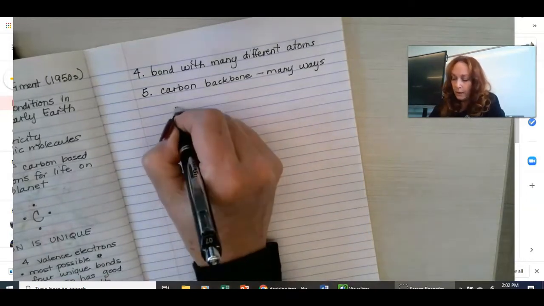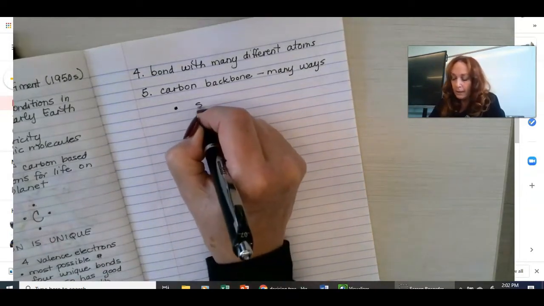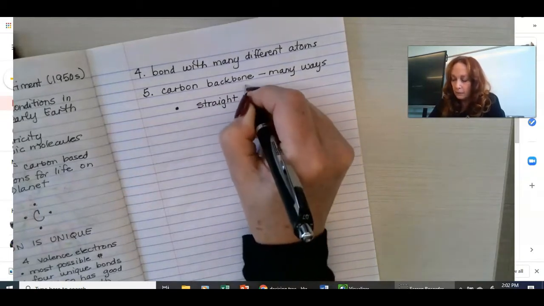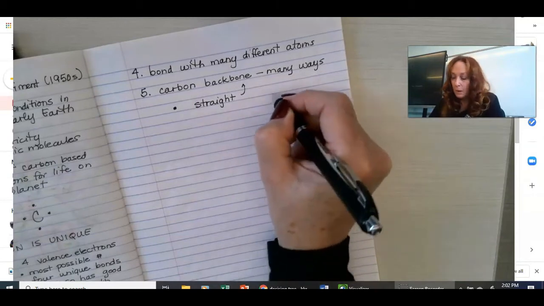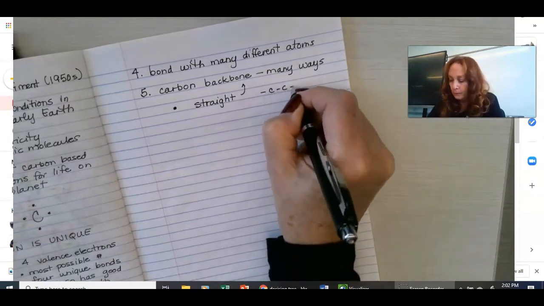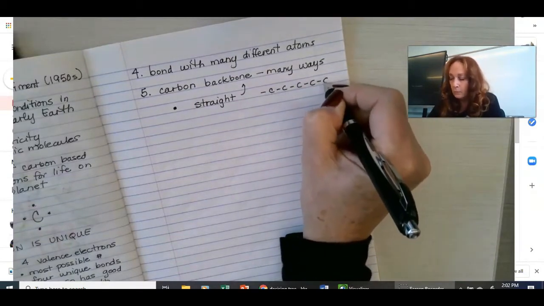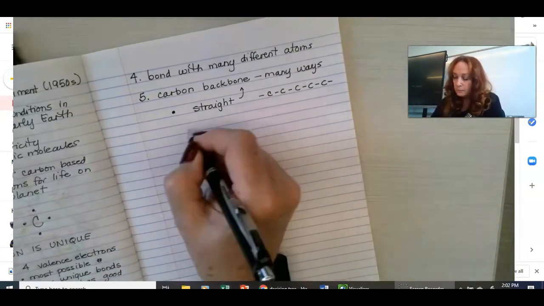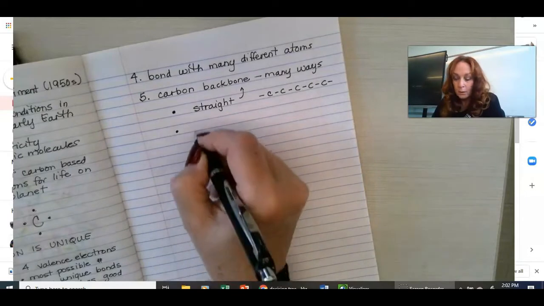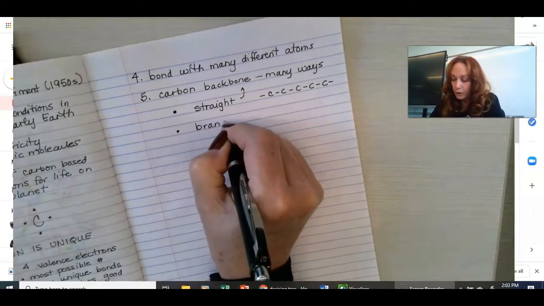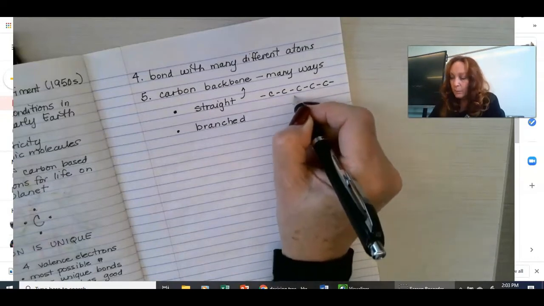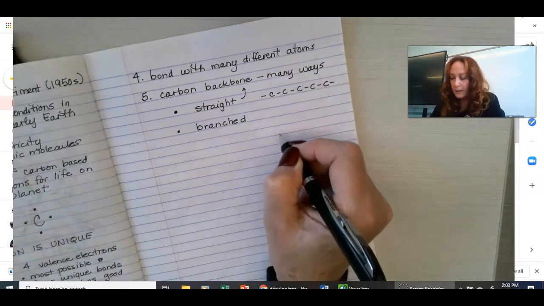So one of those is straight. So you can have a straight backbone. You'd have your carbon. Okay, get where I'm going? That's a straight backbone. Or you can do branched. It looks a little bit like this, but it also has carbons coming off to the side.